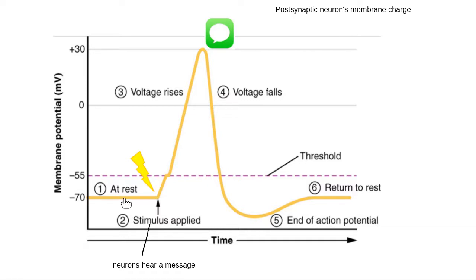So we're chilling out here at rest, nobody's talking to me. Suddenly that presynaptic neuron sends me a message. That message, I put it here kind of like a lightning bolt, leads to changes in the electricity or the charge of my membrane.